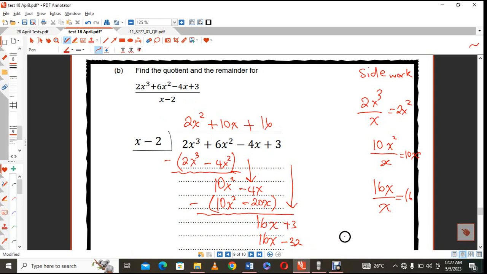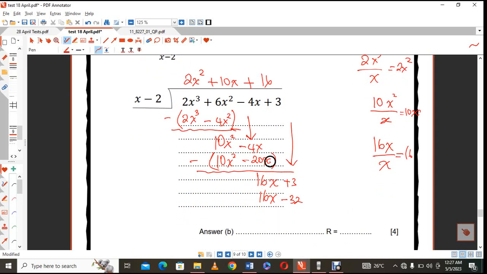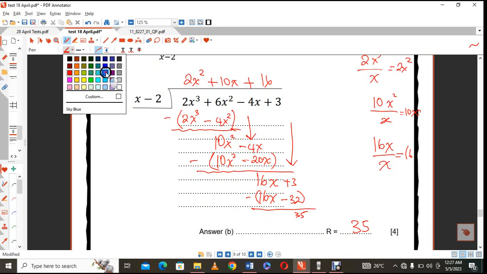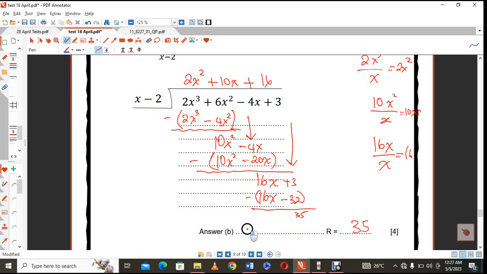If I subtract again, I'm going to get 0 there and 35 as a remainder. So the remainder is 35, and my quotient is going to be 2x squared plus 10x plus 16. That is the quotient, and that 35 is the remainder.